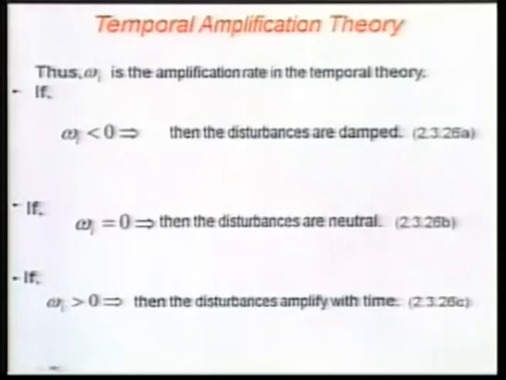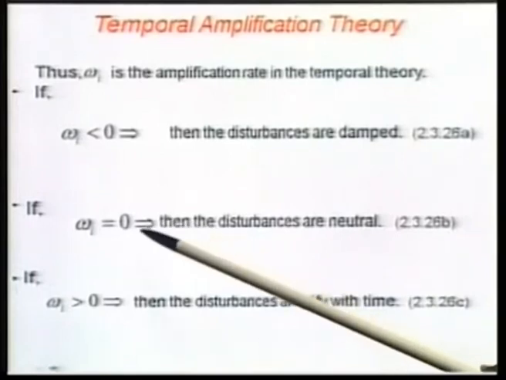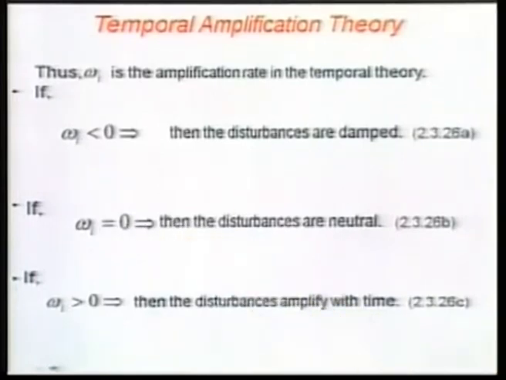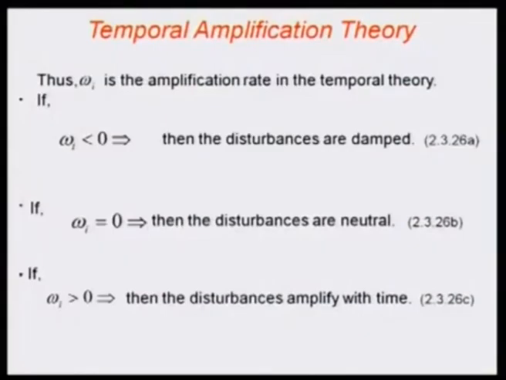If omega I is negative, disturbances are going to damp with time. If omega I equals 0, it will not change with time. And if omega I is positive, those disturbances amplify with time. That is pretty much obvious.